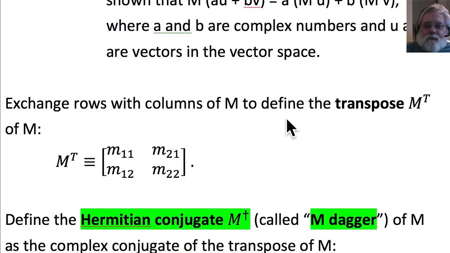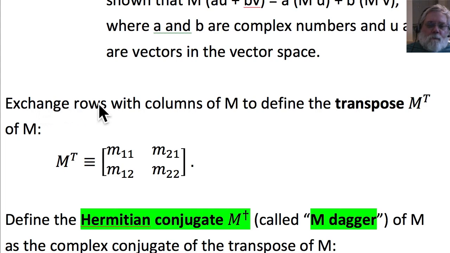Now we're going to define a thing called the transpose, M superscript T, capital T, of matrix M. The transpose is: take the original matrix, exchange the rows with the columns, and that's the transpose.